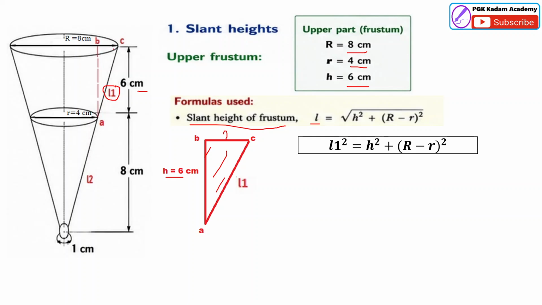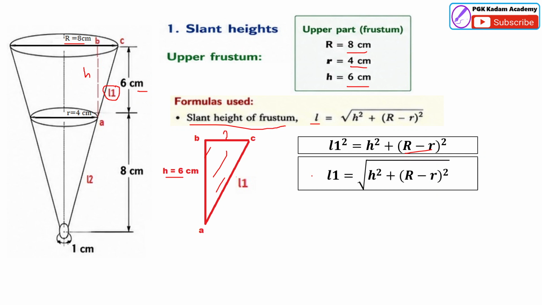This total distance is capital R, minus this distance, from the center, B, is small r. So BC is R minus r, squared, plus this H square. You can find out L1 from this trigonometry.